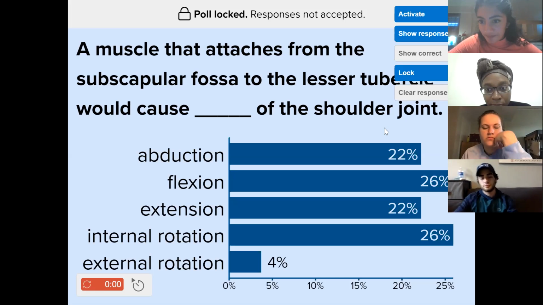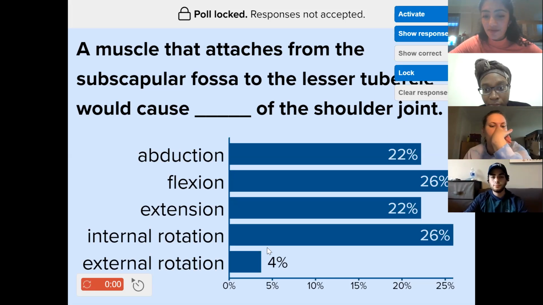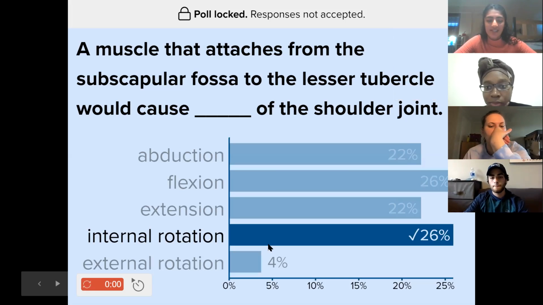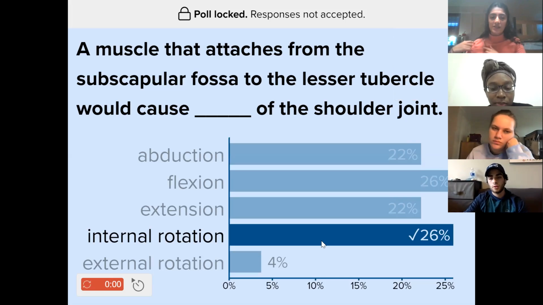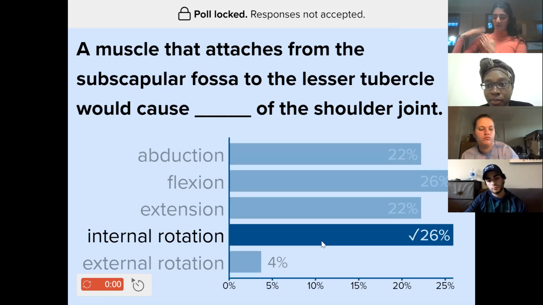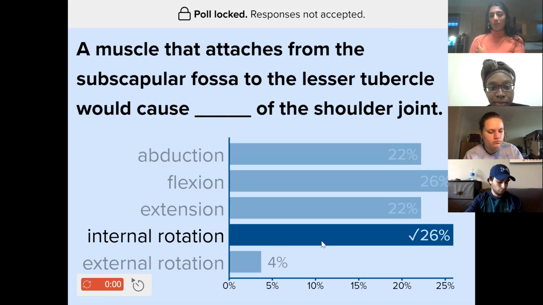I really appreciate that. Okay, so I'm going to go ahead and reveal the answer. The answer is actually internal rotation. Great job, Nicole. Your explanation was exactly right. So our subscapular fossa is going to be somewhere around here, right? And like you said, our lesser tubercle is going to be the one more medially.